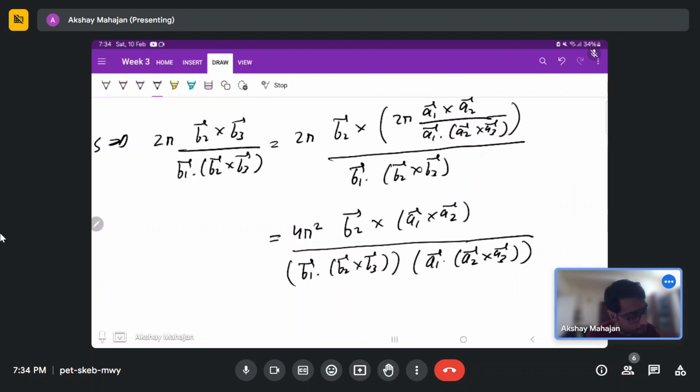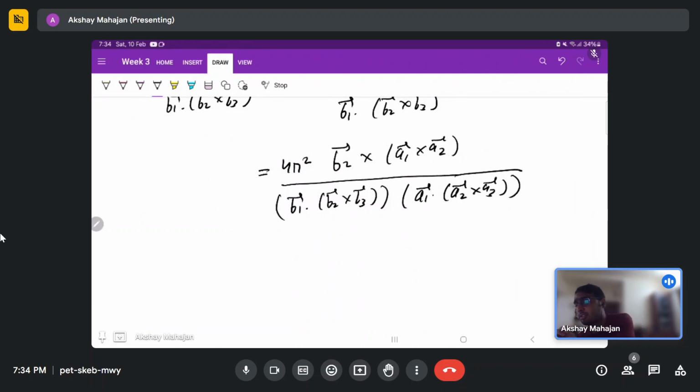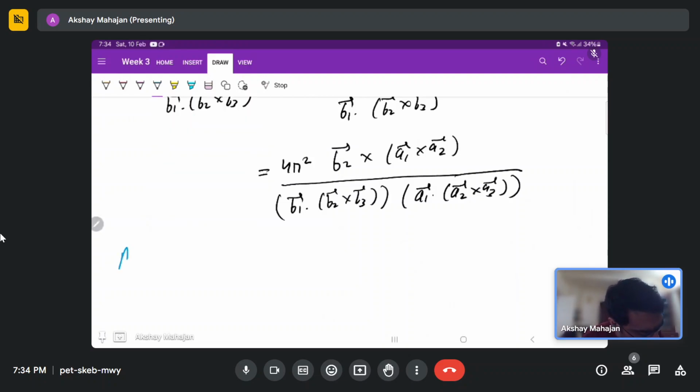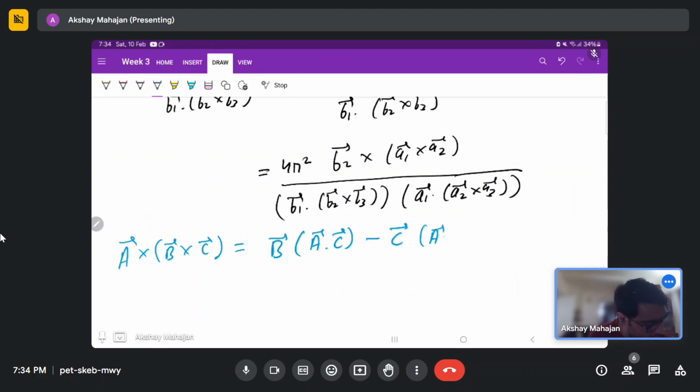Right, now to solve this we will again need a relation from vector products, which is a vector cross b vector cross c vector, that is equal to b vector times a vector dot c vector minus c vector times a vector dot b vector.